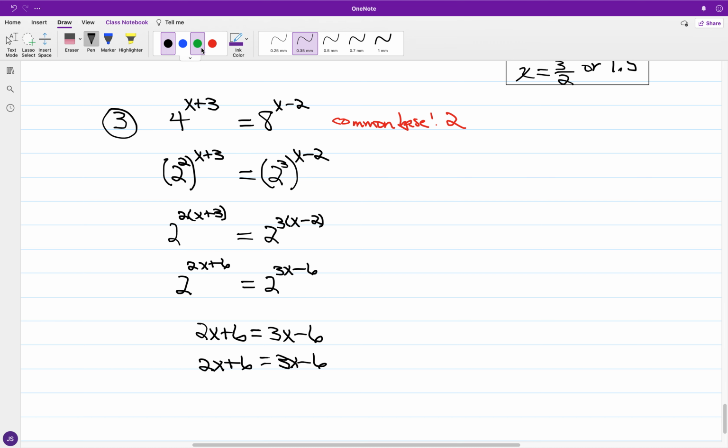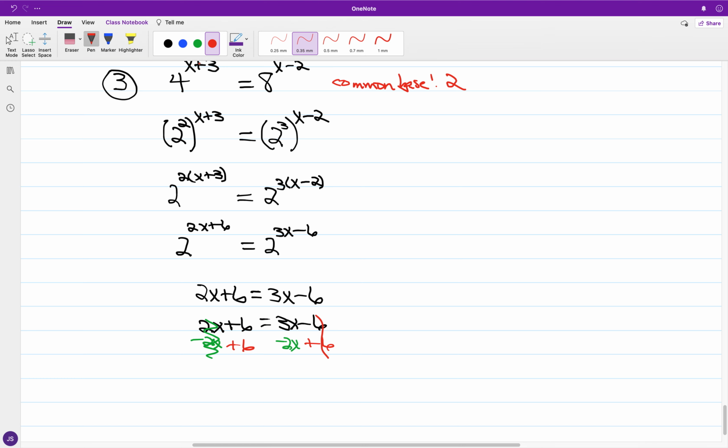And looking at solving for x, I have a couple of x terms. What I'll do here is take out the smaller x term to get this to go out. And I can simultaneously add the constant 6 to both sides. So in this instance, 6 plus 6 is 12, and 3x minus 2x becomes x.